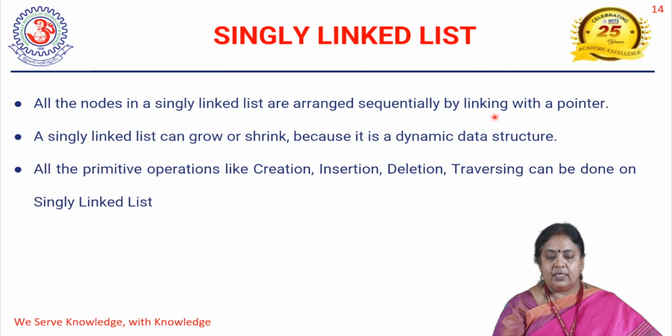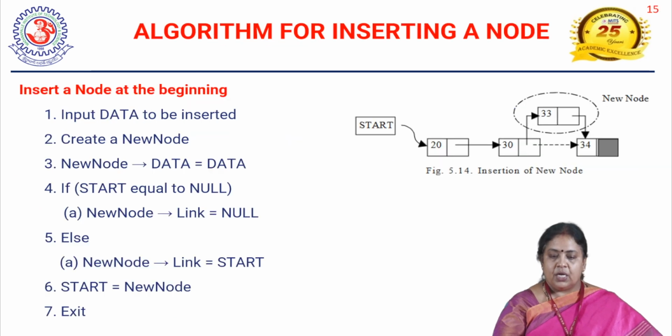This singly linked list can grow or shrink because of its dynamic structure, and all the primitive operations, that is creation, insertion, deletion, traversing, searching, and concatenation, can be done on the singly linked list. So we can perform insertion, deletion, traversing, and concatenation.